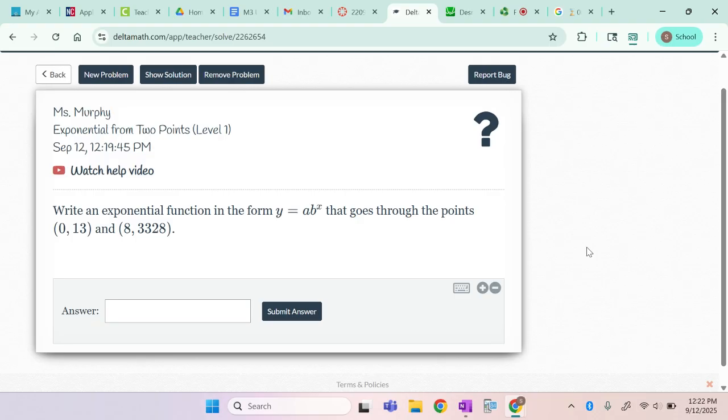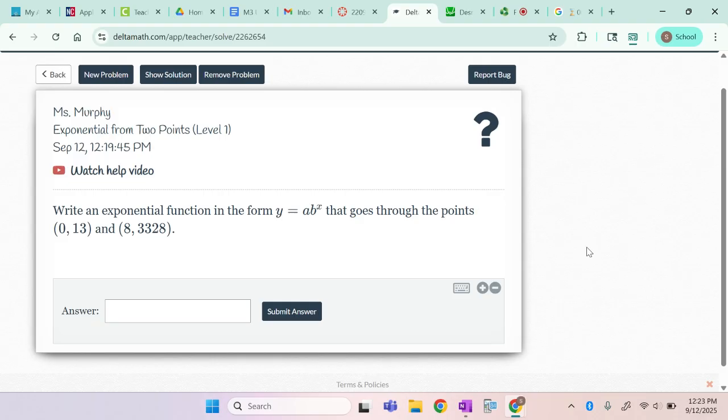So I'm going to hit 5. And you're going to type 8 in and then 256 underneath the radical. If you also type the 8 first and then do math 5, it'll give you that same number. It's 2. So our common ratio or b value is equal to 2.